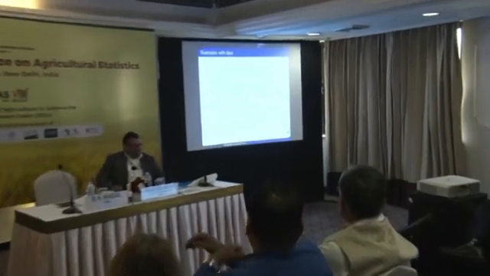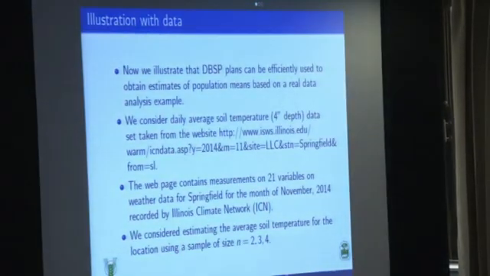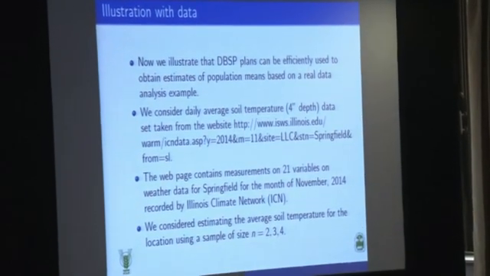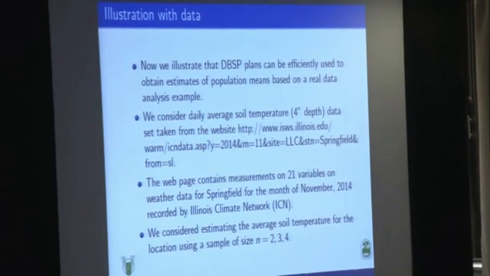Okay, so we considered one real data set taken from a website. This is for average soil temperature of a particular month, taken at 4-inch depth. That web page had 21 variables, and one of them is soil temperature.